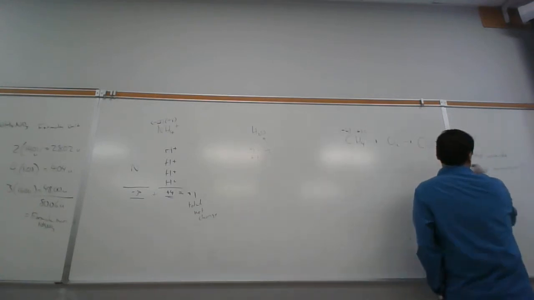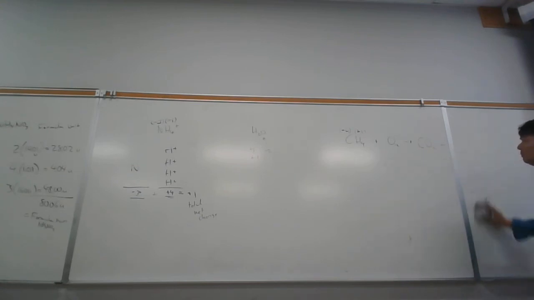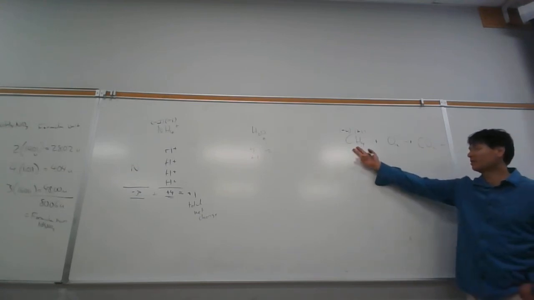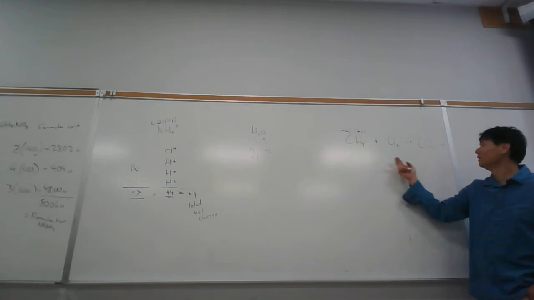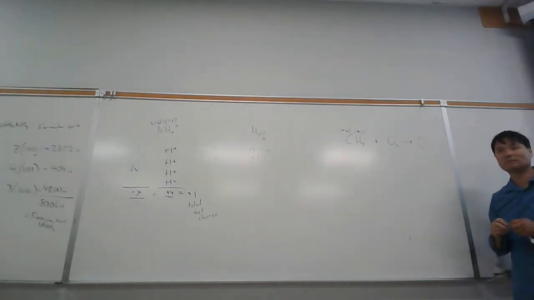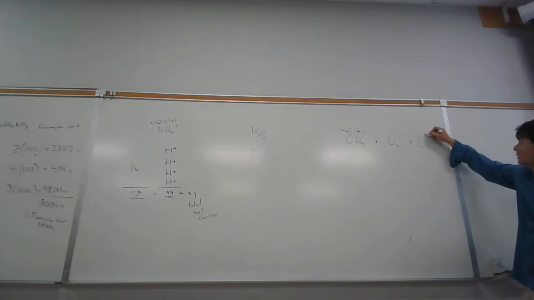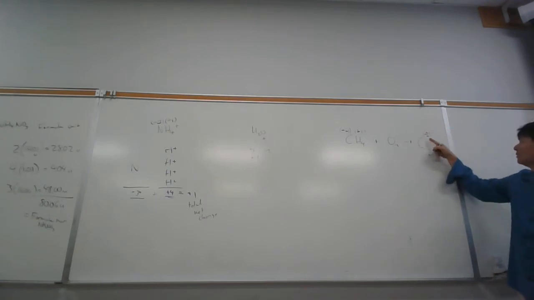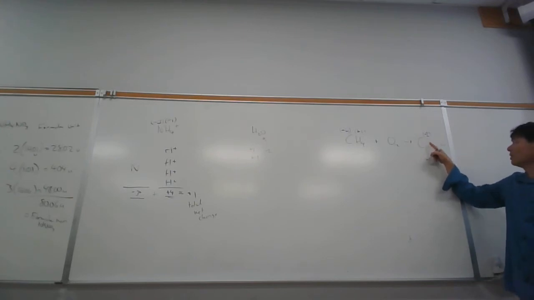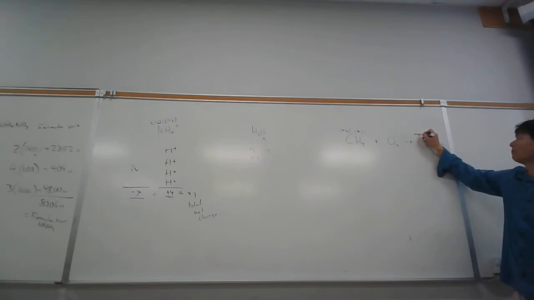Now, let's see what happened to carbon. Carbon used to have 4 extra gold coins. Now what is it? Well, when we look at this, oxygen is minus 2. We have 2 of those. So minus 2 times 2 is minus 4 plus what gives us 0? Plus 4.